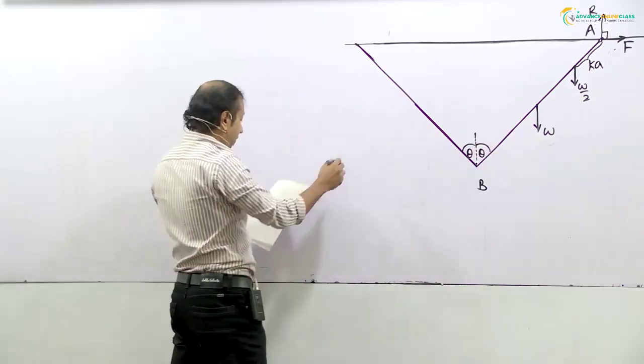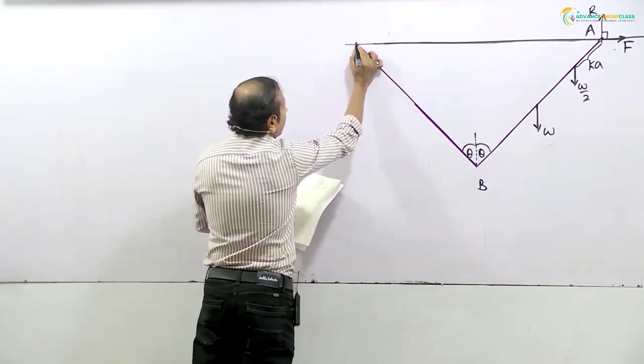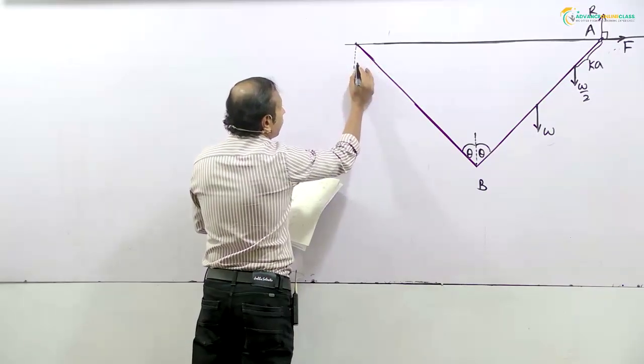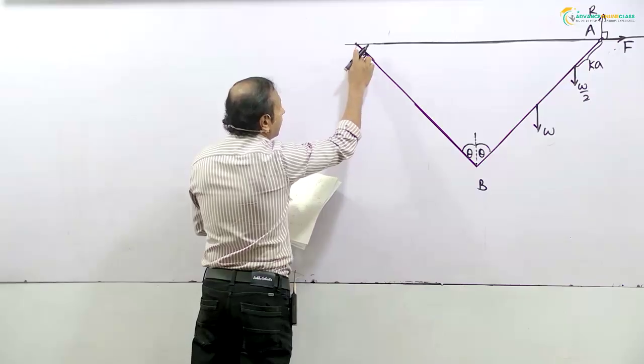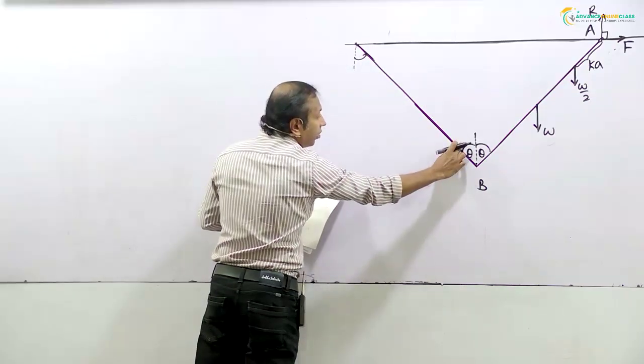Downward vertical means really this. Here this angle is theta, but alternate angles are equal, that is why I mark theta here.